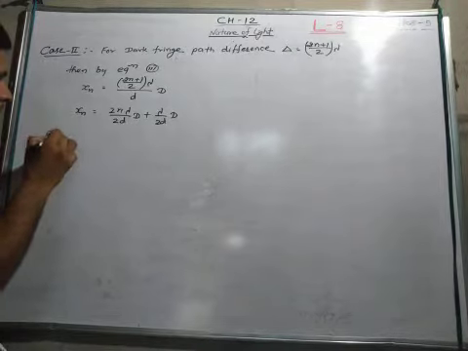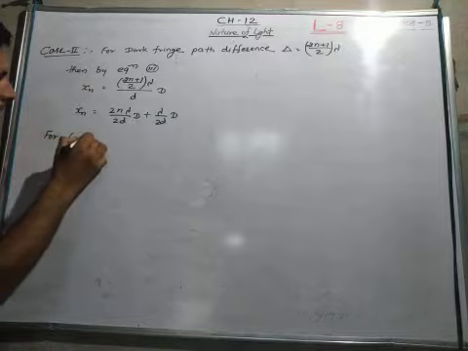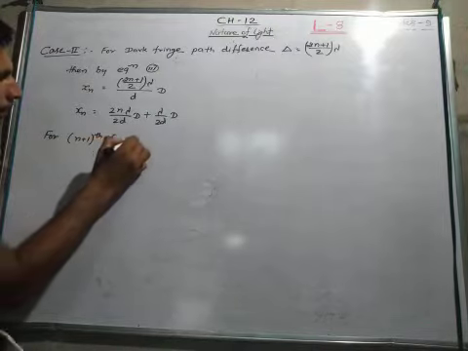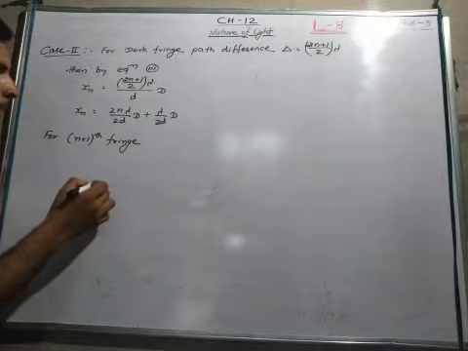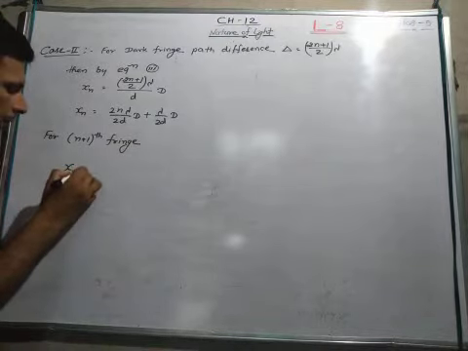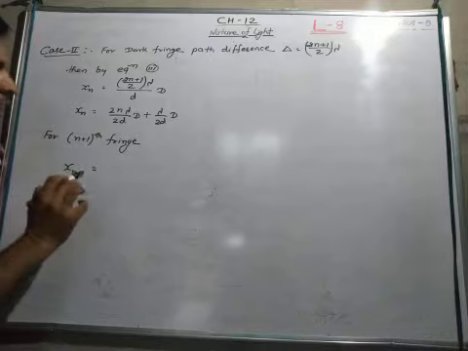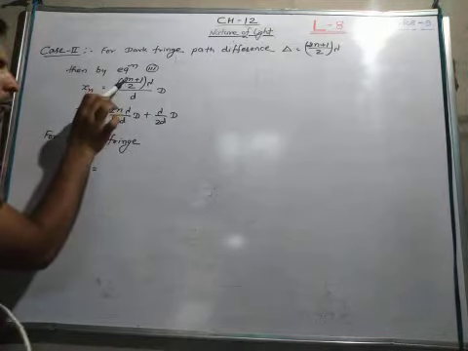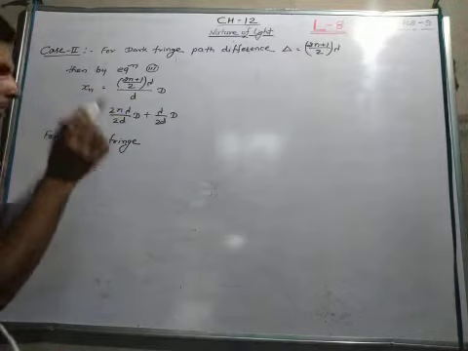Now for the n plus 1 fringe, x n plus 1 is equal to, we use n plus 1 at the place of n.